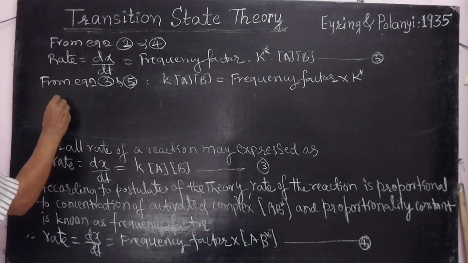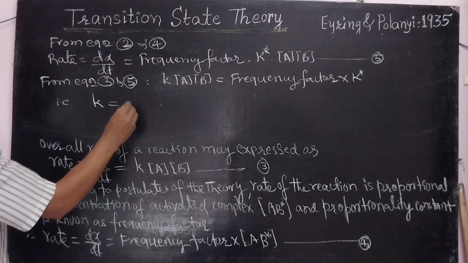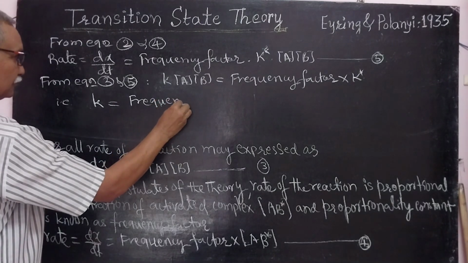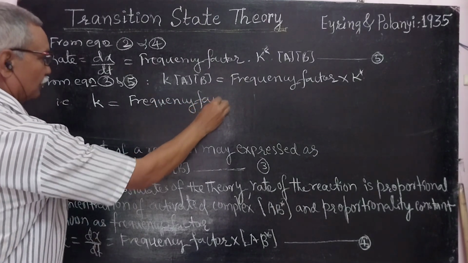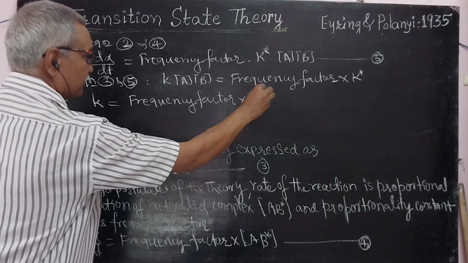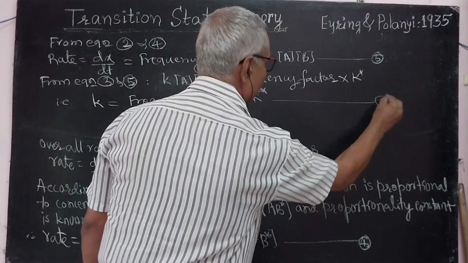That is, k equal to frequency factor into K star. So this is equation 6.